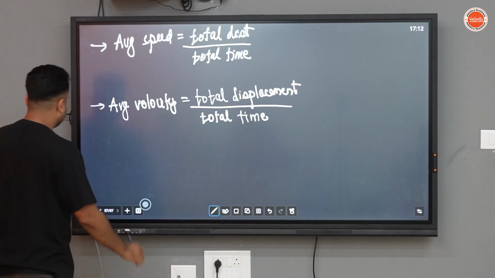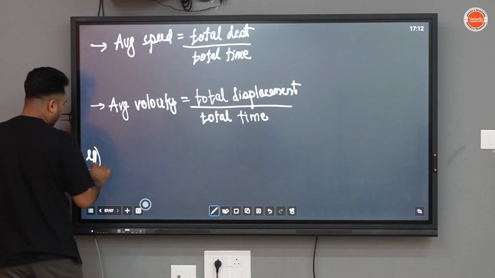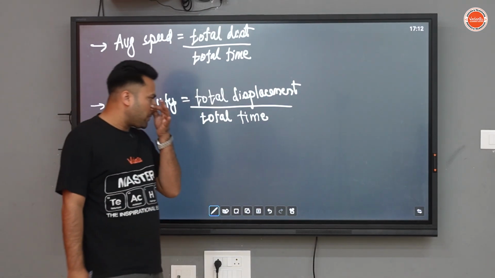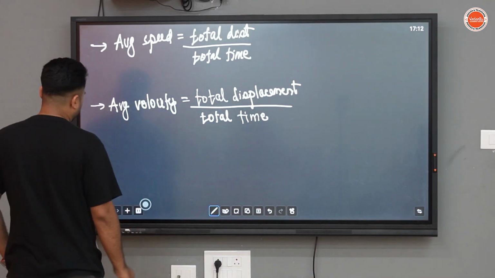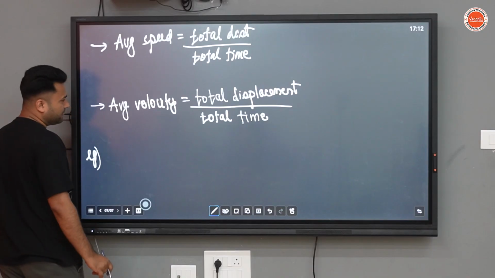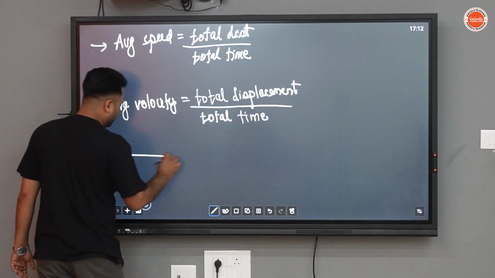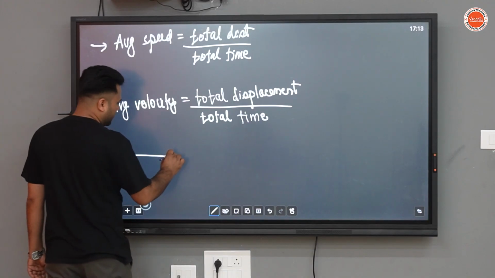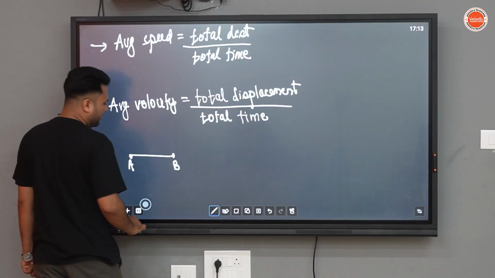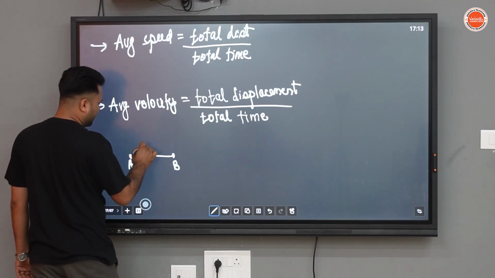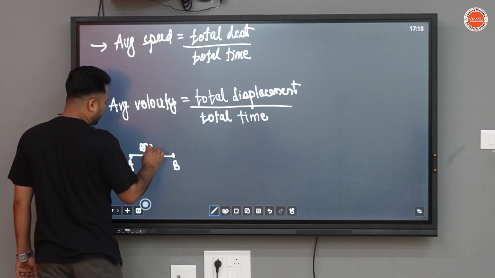I will give one question. Like there is a person who starts from point A, goes till B with speed 20 meter per second.